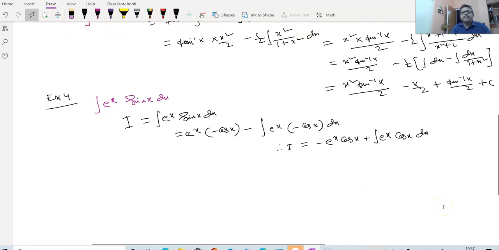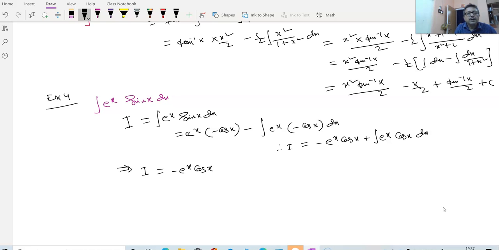Okay, so this implies I equal to minus e to the power x cos x plus, again you take the same function as the first function, e to the power x into cos x integration is sin x minus e to the power x sin x.